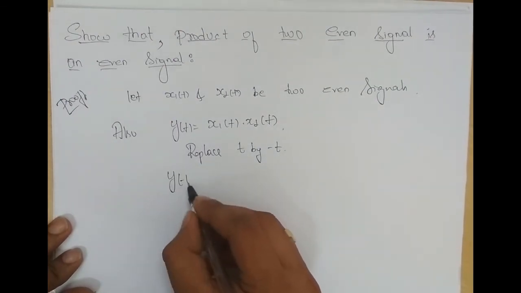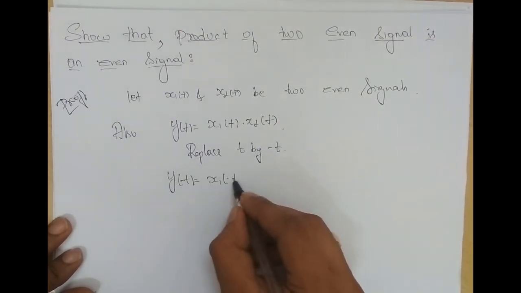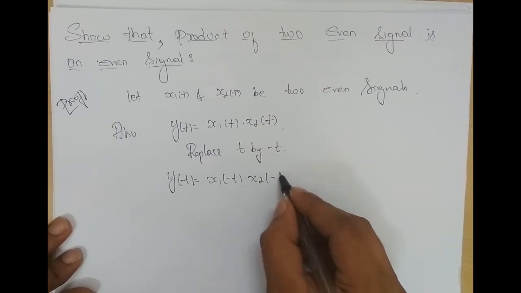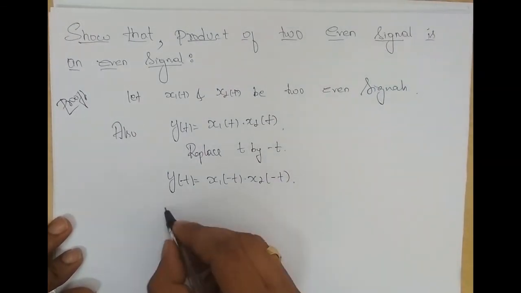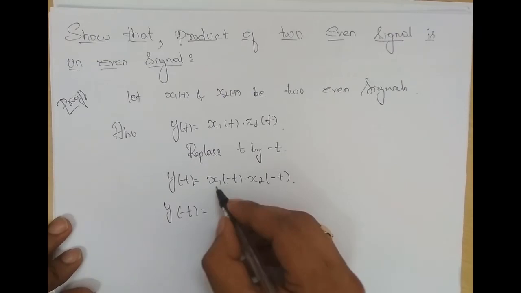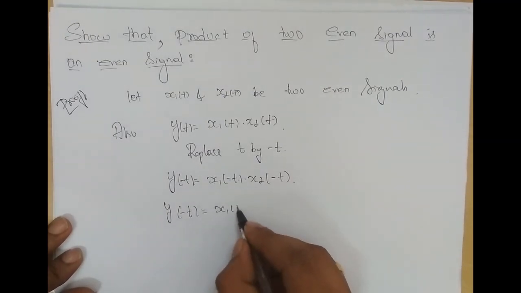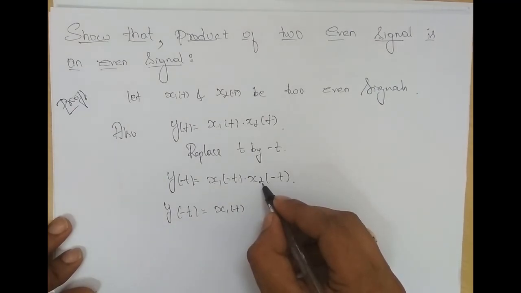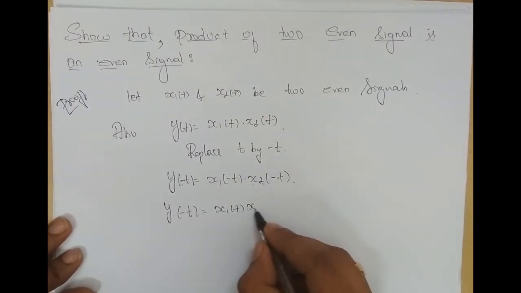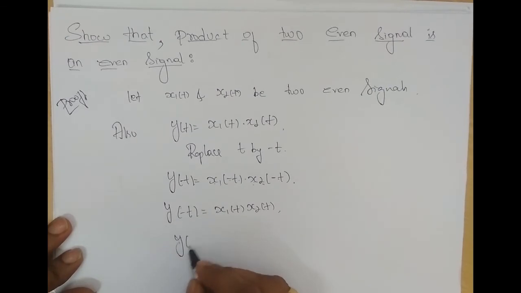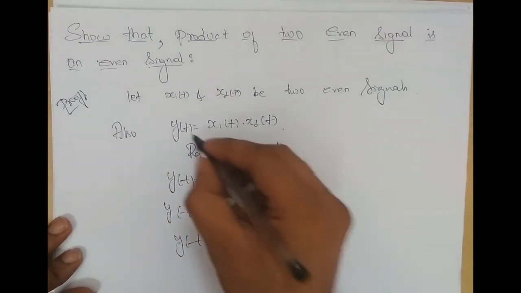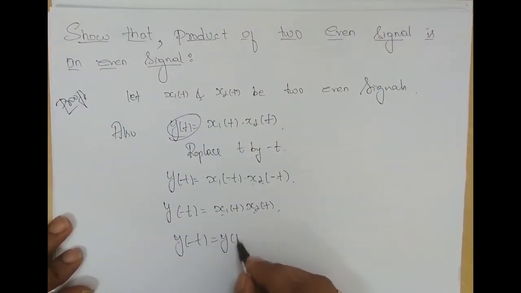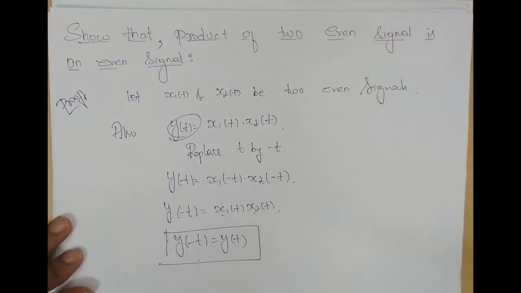So what do I get? y(-t) is equal to x1(-t) into x2(-t). So y(-t) is equal to, since it's an even signal, x1(-t) is x1(t), and x2 is also an even signal, so x2(-t) is also x2(t). So y(-t) is equal to x1(t) into x2(t), which is y(t), right? y(t). So this condition is for an even signal. So therefore, the product of two even signals will result in an even signal.